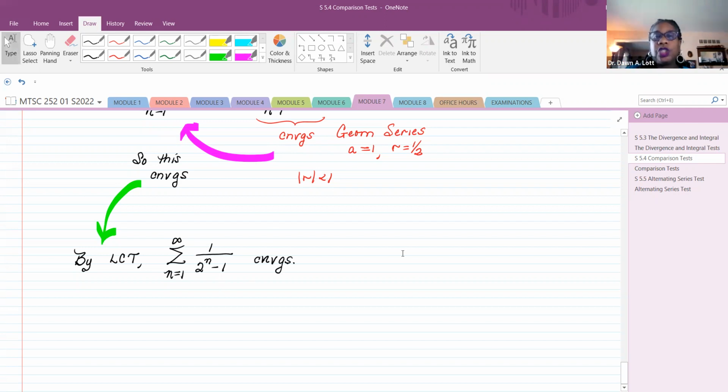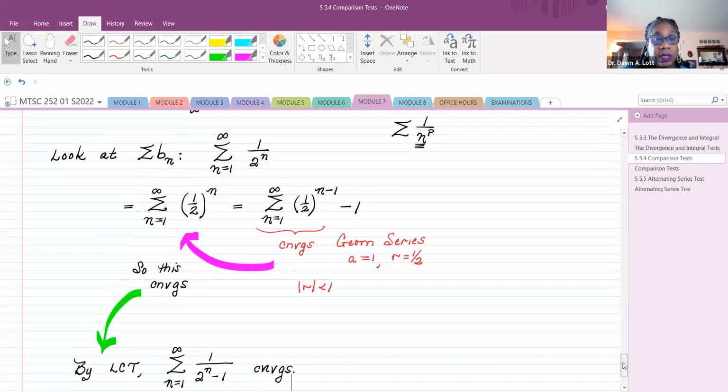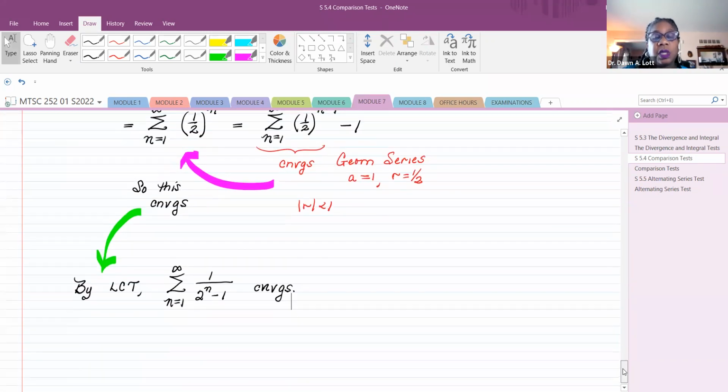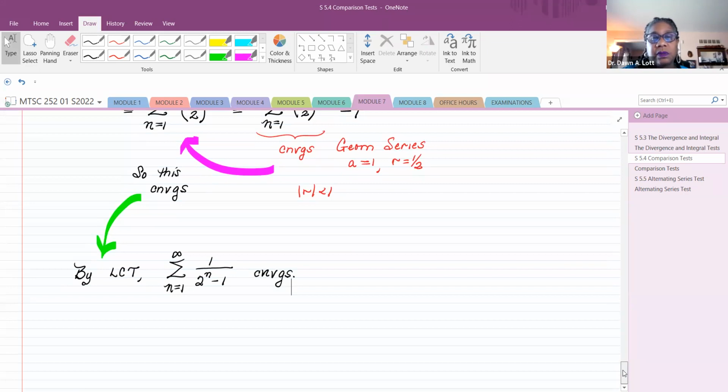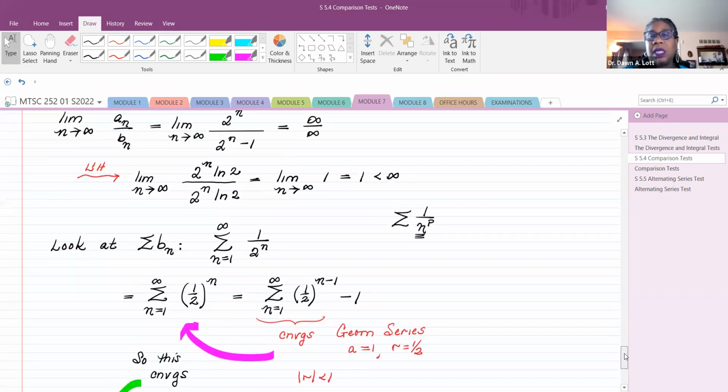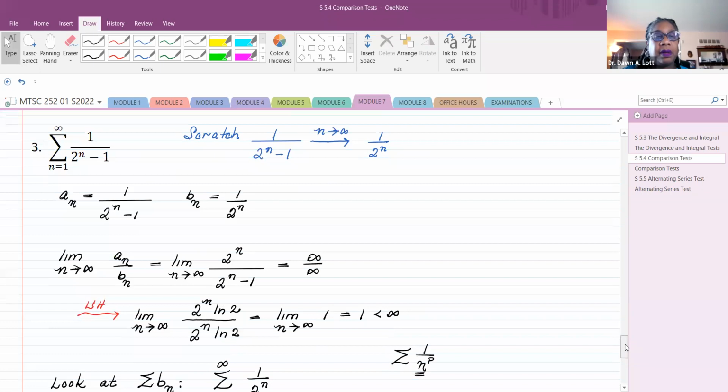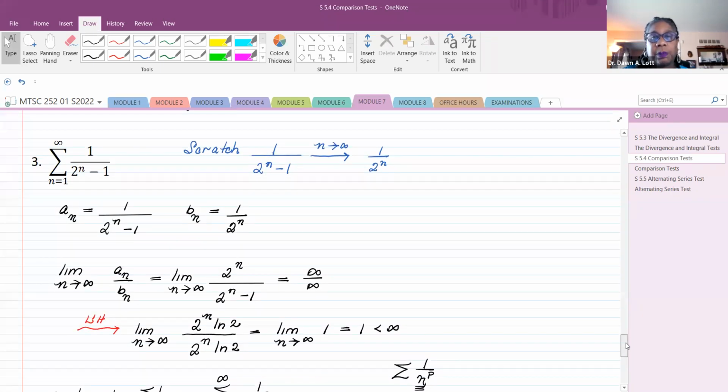Okay, so once you show that its Bn converges, which we just did, then we know the summation An converges. Okay, so that's the end of our limit comparison test. That was our last example.